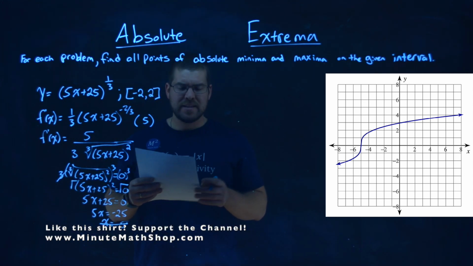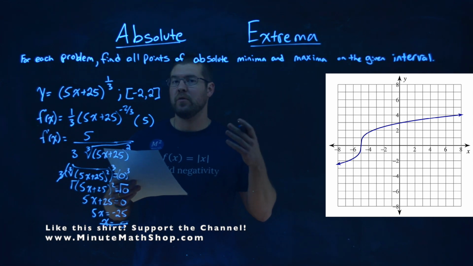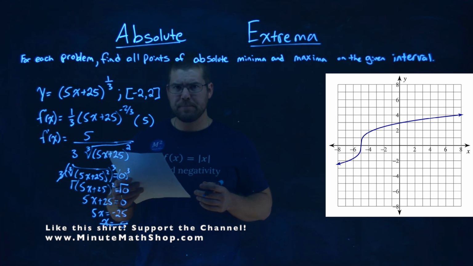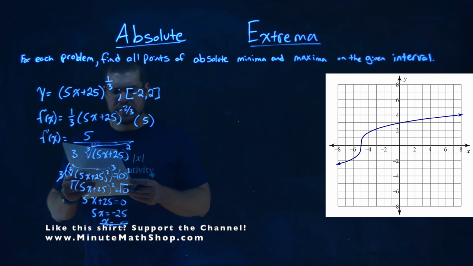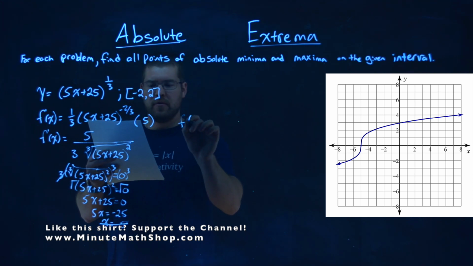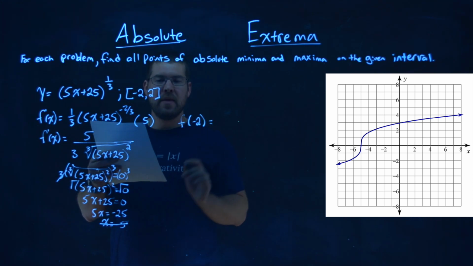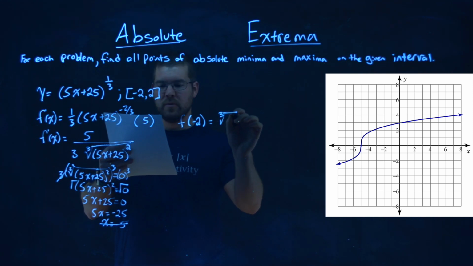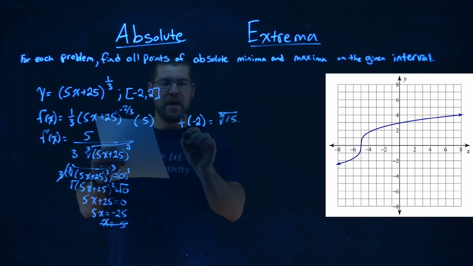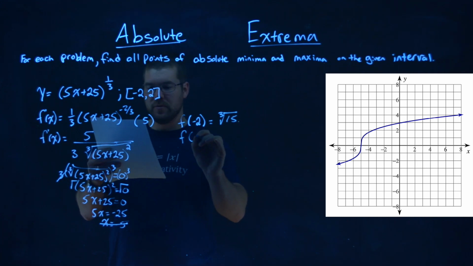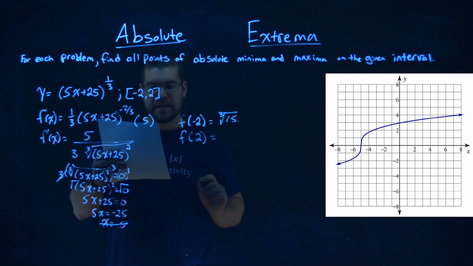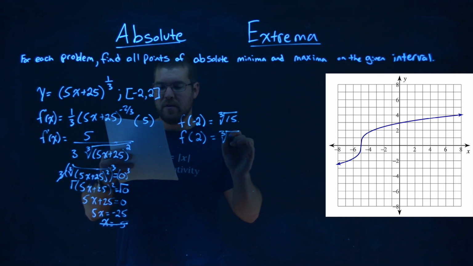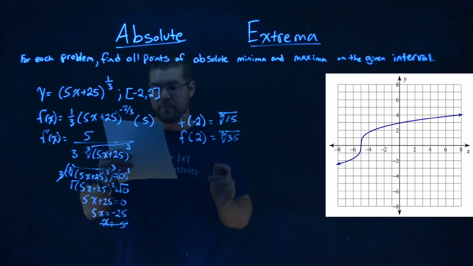So now we just need to test the endpoints of our interval here. So the endpoints of our interval, we have f of negative 2, and that comes out to be, plugged into our original equation, the cube root of 15, and f of positive 2 on our interval is the cube root of 35.